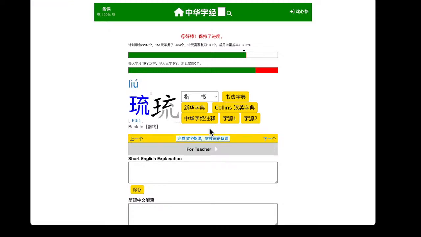Now this one, the character itself is very simple because it has the jade radical and then the Liu on the right hand side. Now, look at this character itself. Liu means what? Basically, literally, it's a picture of a small baby infant.